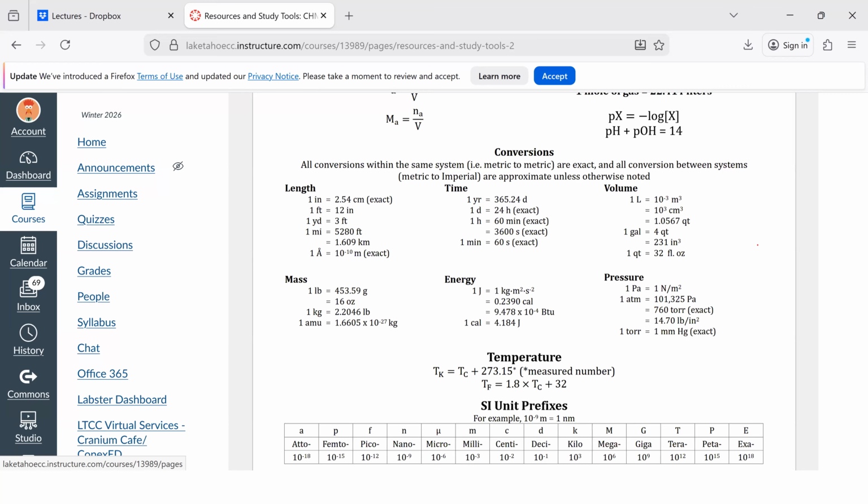And for the most part, when we talk about temperature, these are exact. I specifically marked off this 273.15 as measured. But you're gonna start getting more experience with this and being able to tell which ones are exact or not.